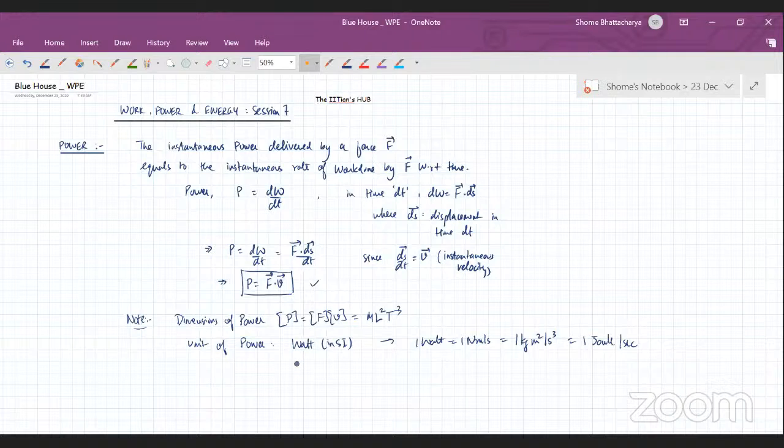Whereas the CGS unit is erg per second, where 1 erg equals 1 dyne centimeter.